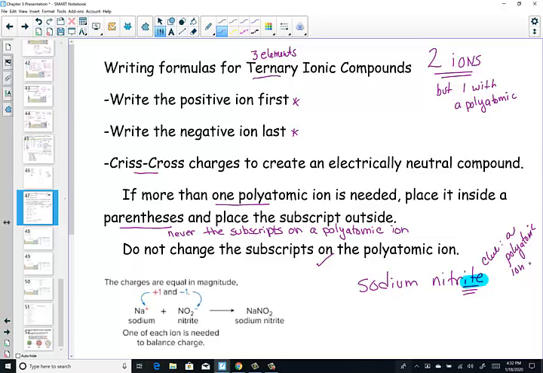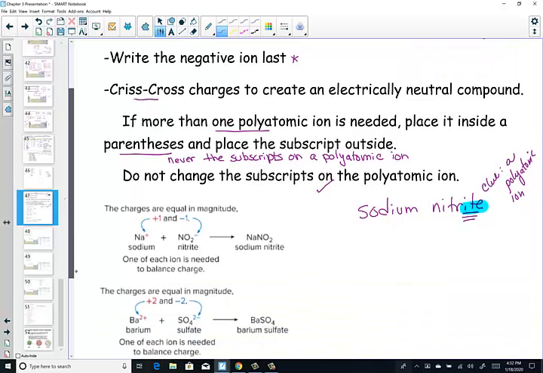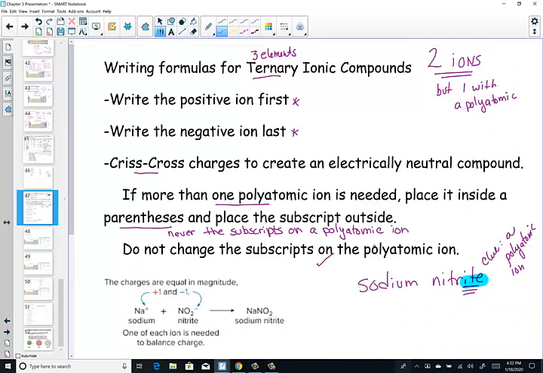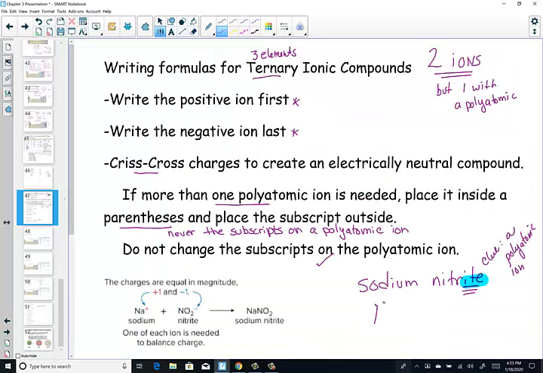Binary ions end in ide. Remember that from our previous lesson. So let's just take a peek here at how we're doing that. Sodium on our periodic table, we know, is in group 1A, and so sodium carries a +1 charge. From our polyatomic ion chart is going to show us nitrite carries a -1 charge.